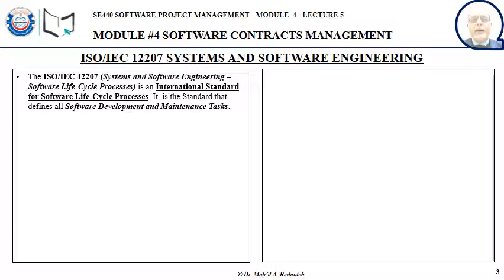The ISO 12207, as said earlier, is a standard for systems and software engineering life cycle. It defines the processes of the standard as well as the various activities.